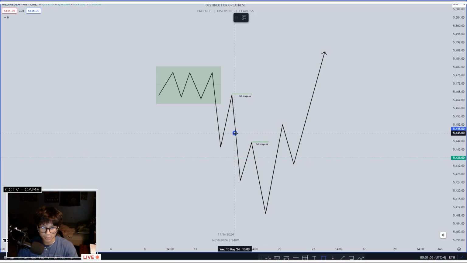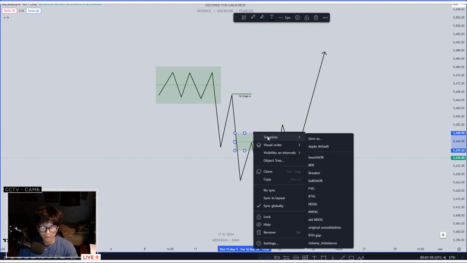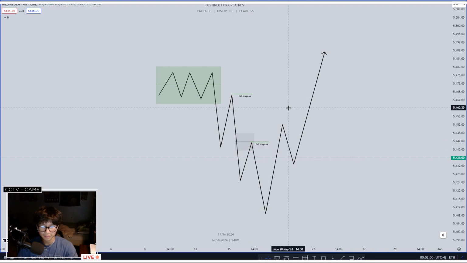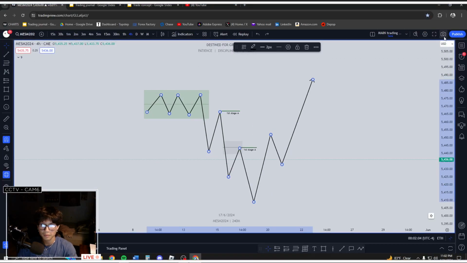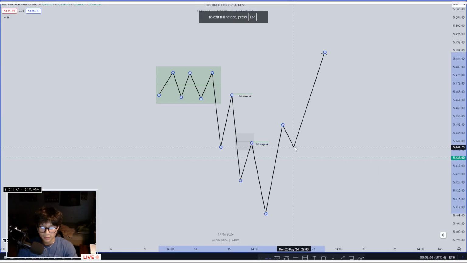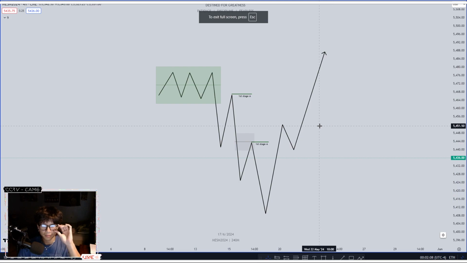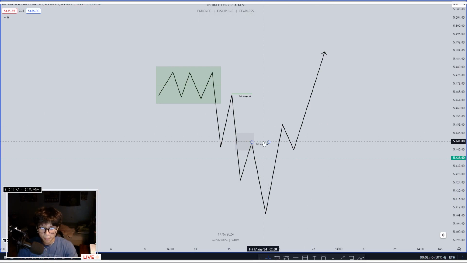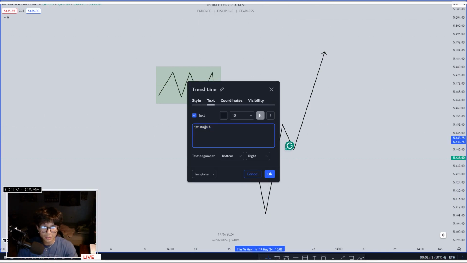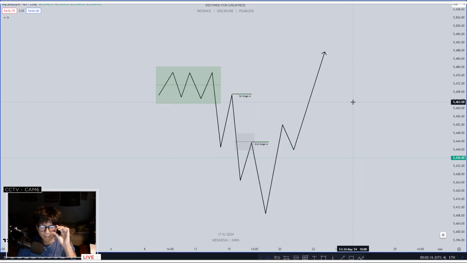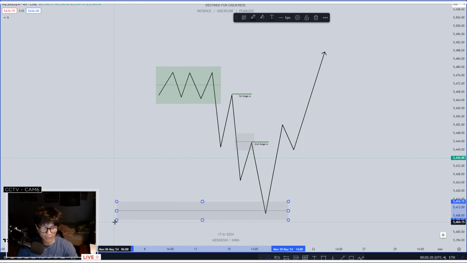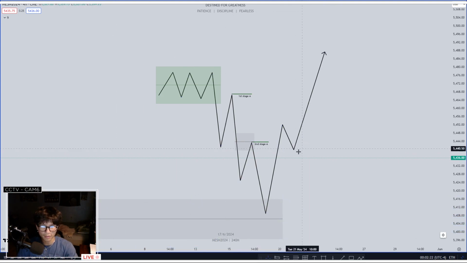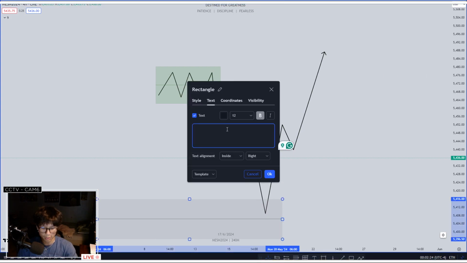And let's just say that we retrace back into an FVG here. Alright, so this is the last stage, or second stage accumulation. And let's just say that we're coming into some sort of 4-hour FVG, and this is the 5-minute time frame. So this is the 4-hour FVG.